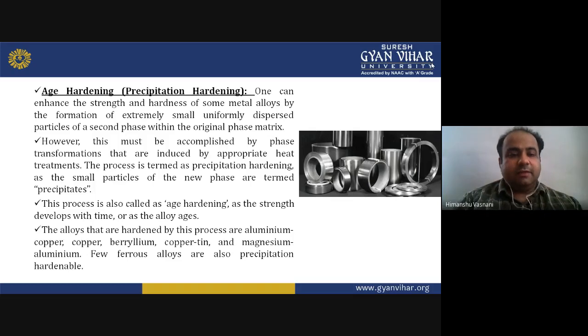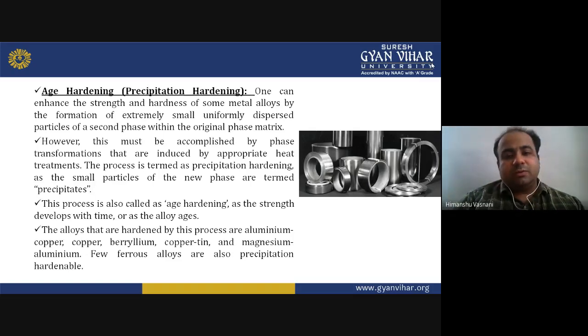The alloys that are hardened by this process are aluminium-copper, beryllium-copper, copper-tin, and magnesium-aluminium. A few ferrous alloys are also precipitation hardenable.